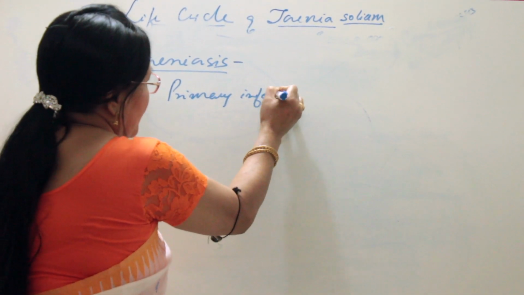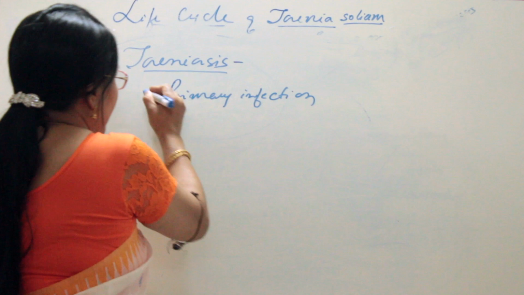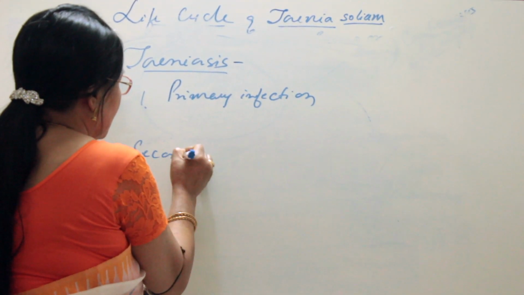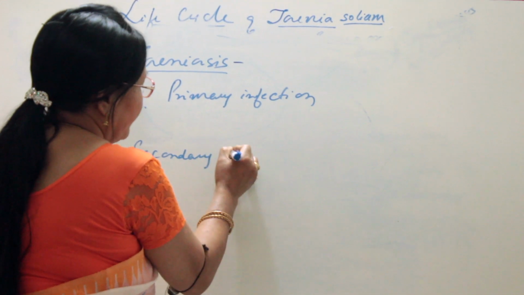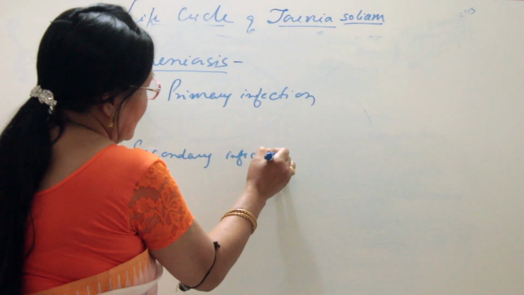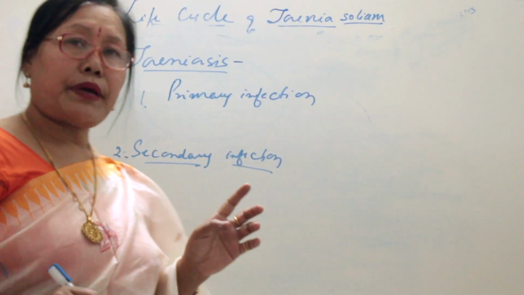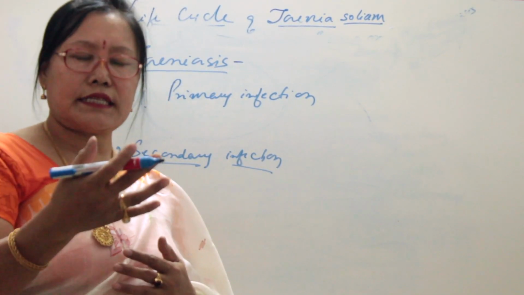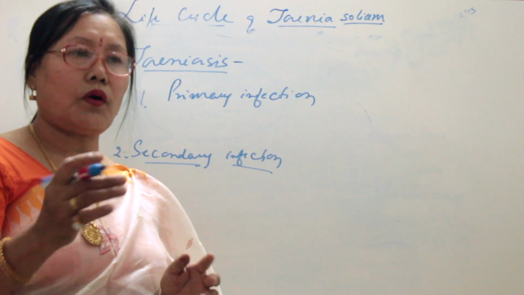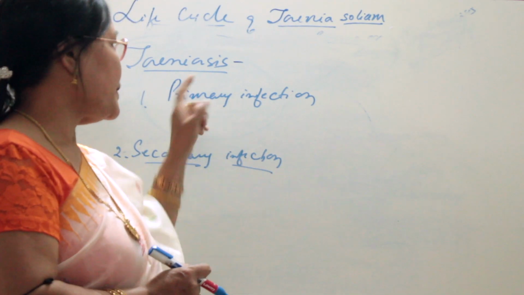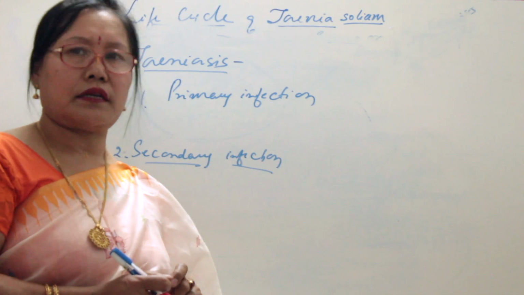There are two types of infection, primary infection and secondary infection. Men can get infected by ingestion of the measly pork; such infection is the primary infection.